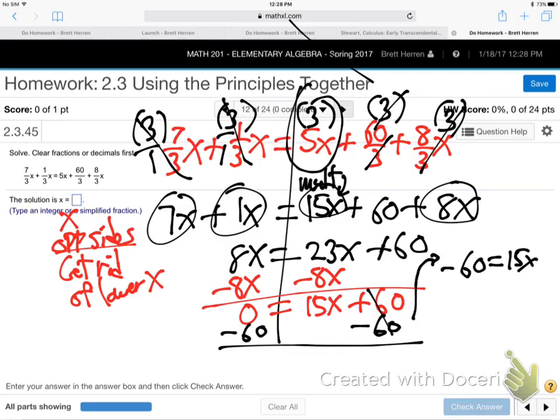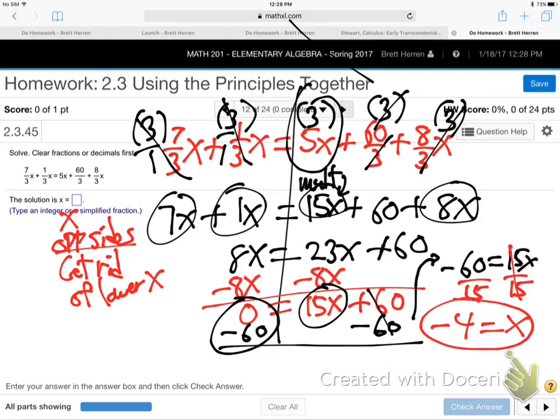Everybody see what happened there? The left side is negative 60. The right side is just 15x. Good to there. Last step to get x alone: divide by that 15.